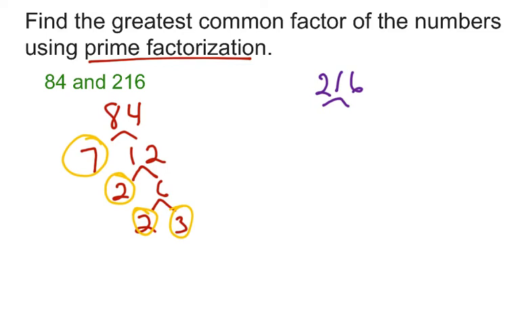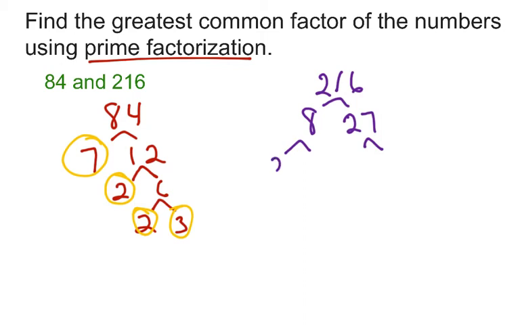And the last 3 digits are 216 because 100 is divisible by 4, 200 is divisible by 8, 216 is also divisible by 8. So I'm going to break it down by 8 times 27. Neither of these numbers are prime, so I have to break both of them down further.